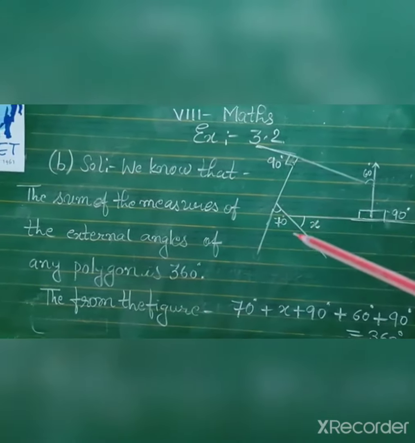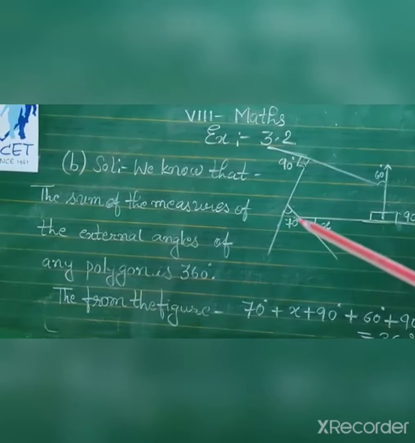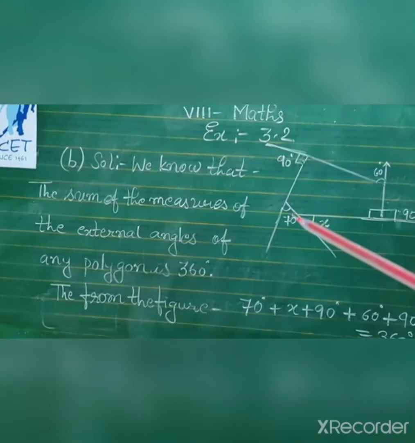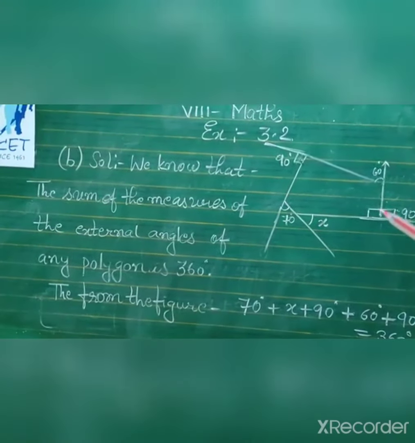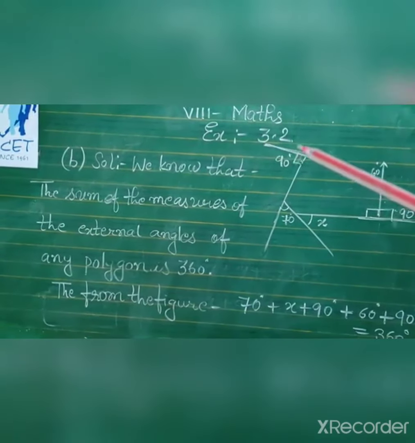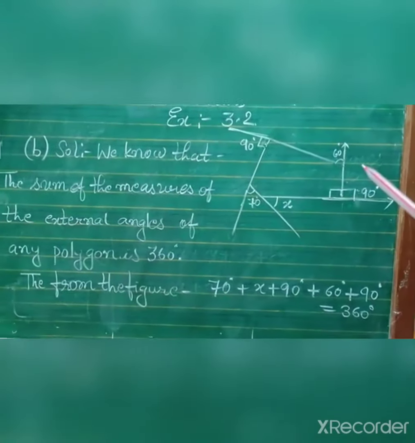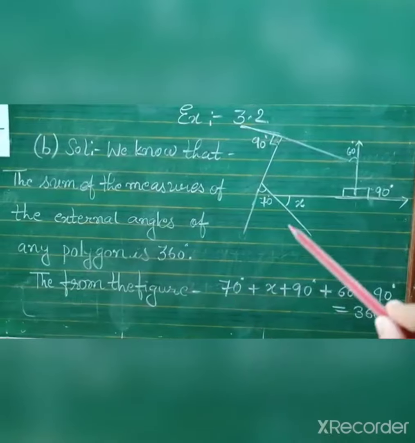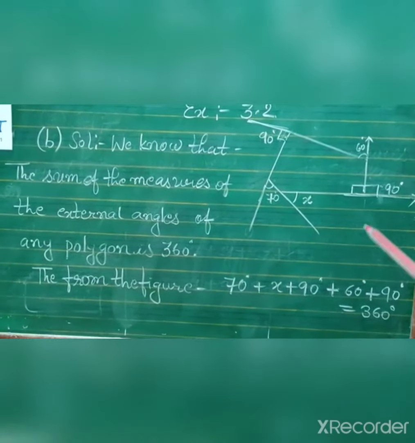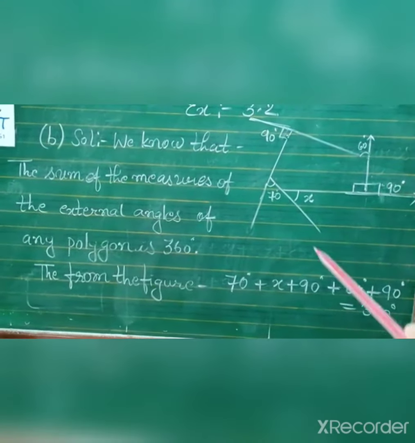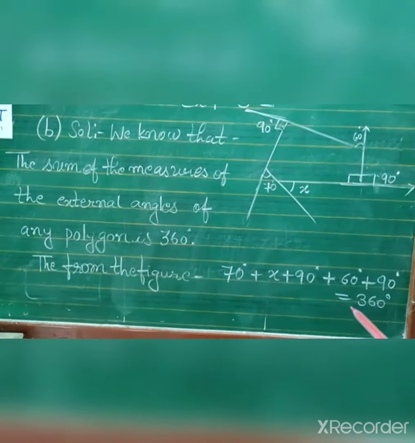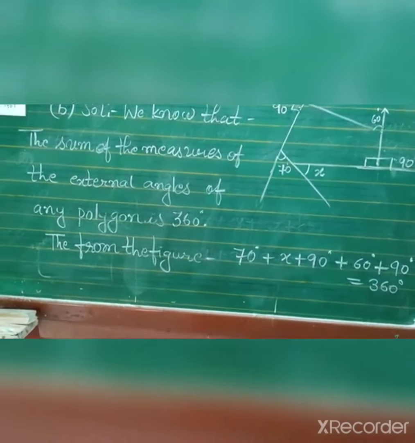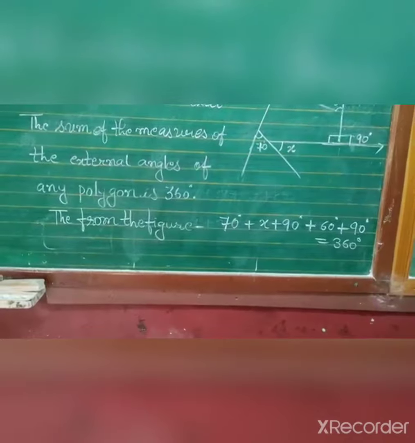But we know that the sum of the measures of the external angles of a polygon is 360 degrees. External, external, external, external, external. So now from the figure, 70 degrees plus x plus 90 degrees plus 60 degrees plus 90 degrees will be 360 degrees. Now from here you can solve.